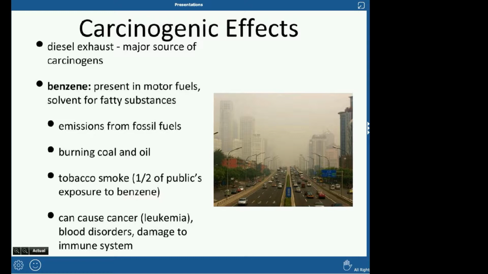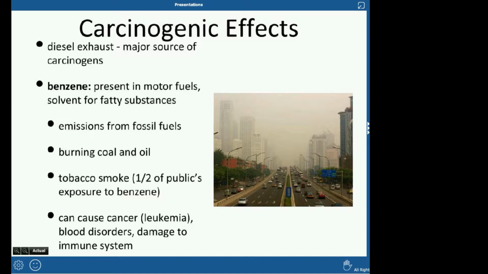Now, things that can cause cancer. Diesel exhaust is a major source of carcinogens, or cancer-causing pollutants. Benzene is in motor fuels, and it's also a solvent for things that are fatty. It'll help dissolve them. You can find it in fossil fuel emissions, when you burn coal and oil, and in tobacco smoke, which is basically half of our exposure to benzene.